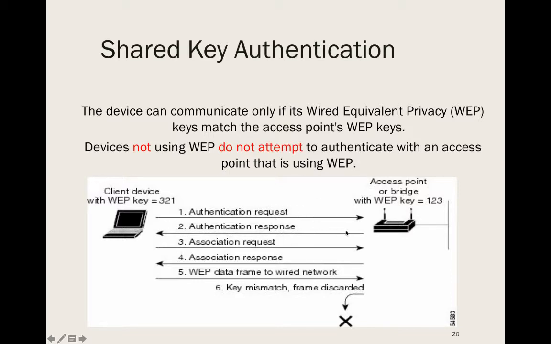So the authentication request and authentication response come back from the access point, then the association request and response come back, then the WEP data frame goes to the wired network. If there is a key mismatch, the packet is going to be dropped.